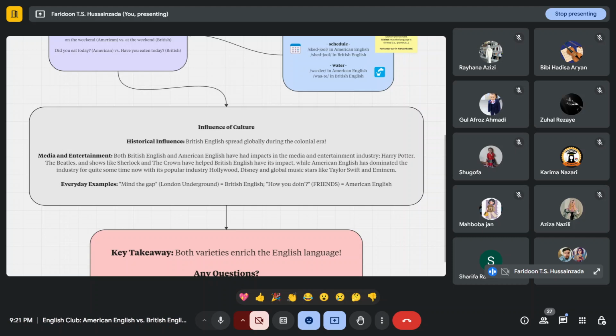But I don't care how big Harry Potter is. I don't care how big the Beatles were. If you really think about it today in the media and entertainment industry, American English has dominated the industry. So it's like the biggest thing.